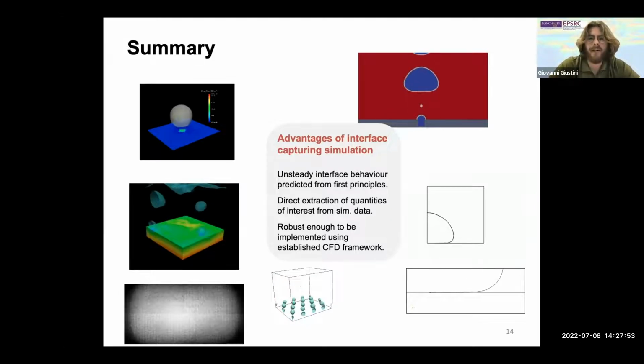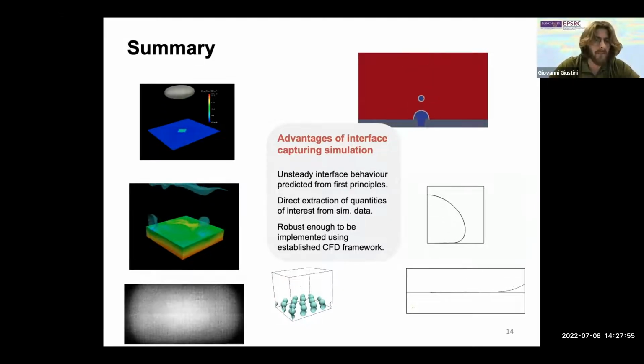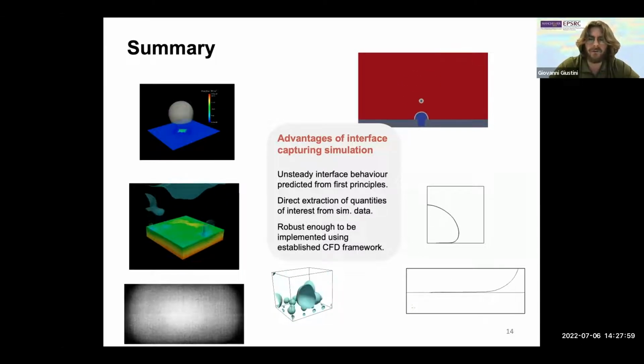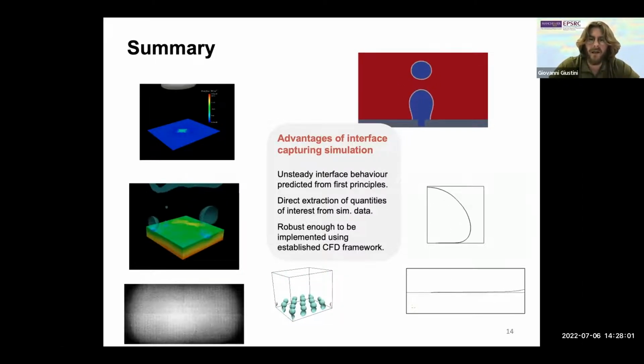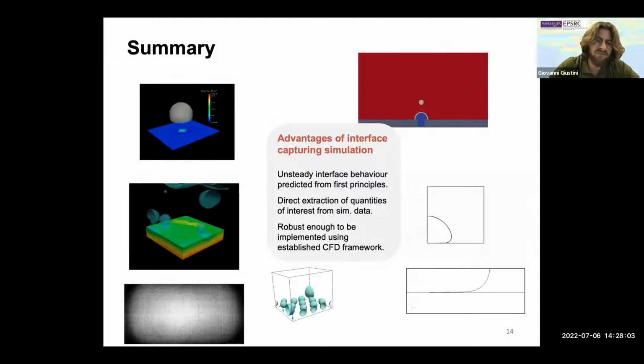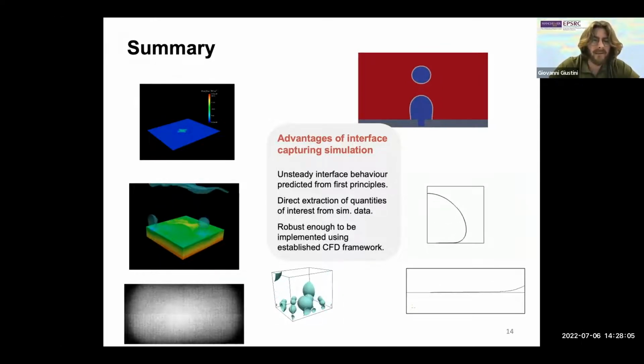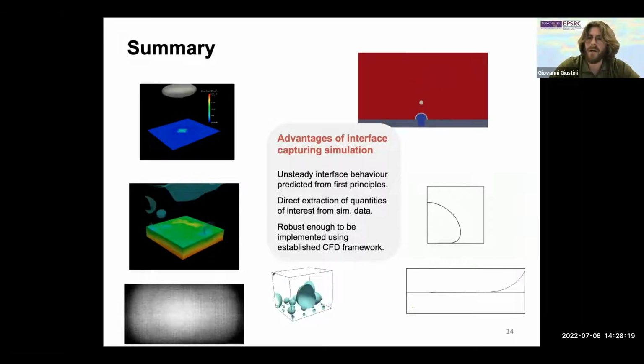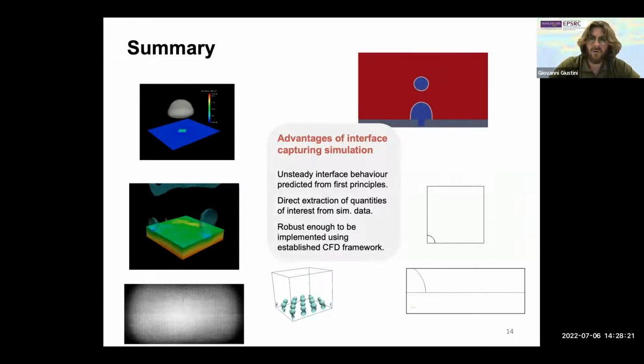And thirdly, another promising thing is that the overall simulation methodology seems to be robust enough to be implemented using an already established CFD framework, such as that available in the OpenFOAM CFD toolbox.